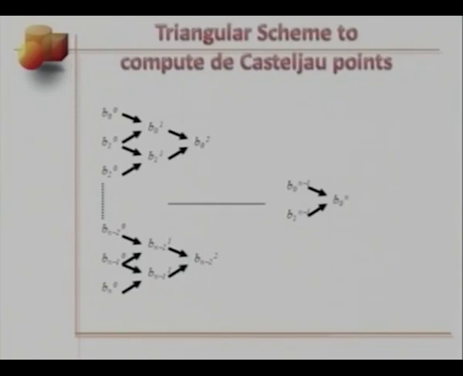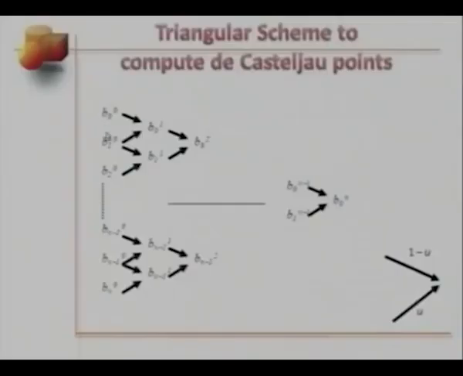Notice once again that this point will lie on an nth degree curve in the parameter u. The arrows pointing downwards represent multiplication with factor 1 minus u, and those pointing upwards represent multiplication by u.